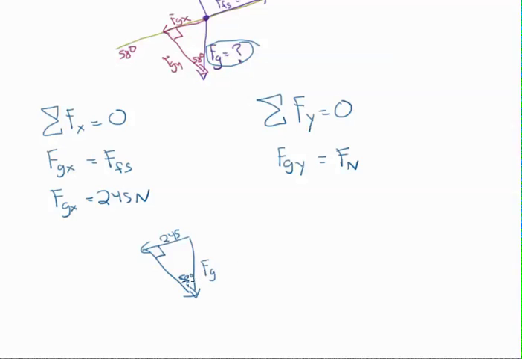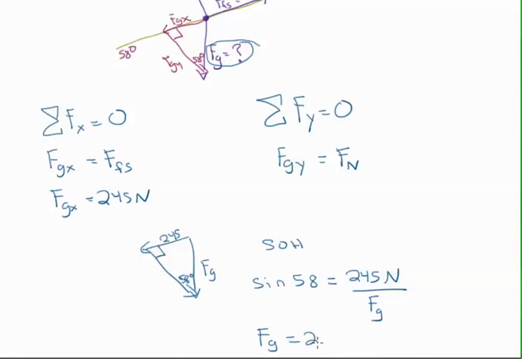We just need to solve for this one. So since the x is opposite, we will use sine. So the sine of theta equals opposite over hypotenuse. And this tells you that the person needs to weigh at least 290 newtons.